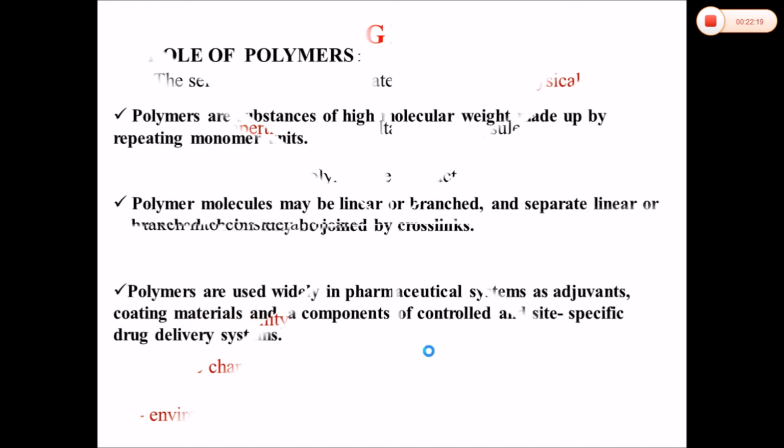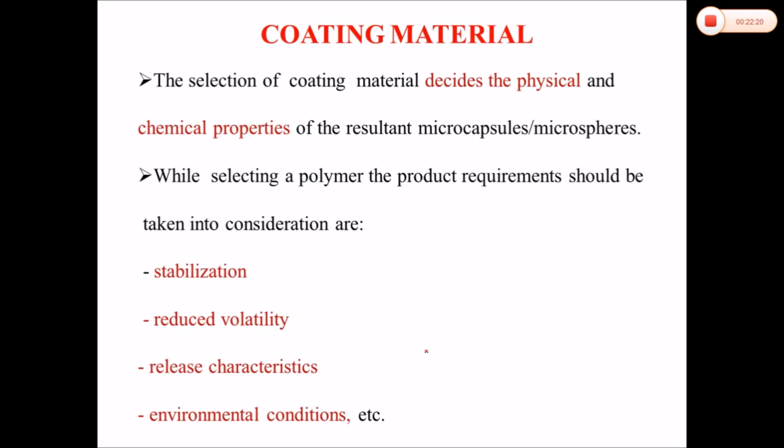The coating material that we utilize, whether it is satisfying the actual roles, for example, if we use it for taste masking, whether taste masking occurs properly, or if we use it to reduce volatility, whether volatility is reduced. So the aim of using coating materials, whether it is satisfied or not, and which microencapsulation method is best to accomplish this coating process with the help of the coating materials.